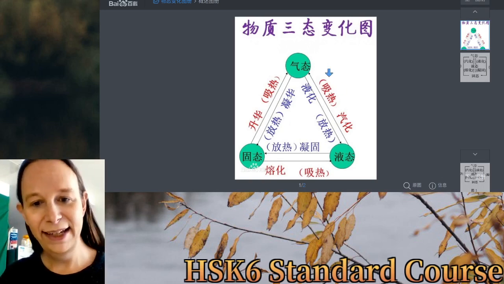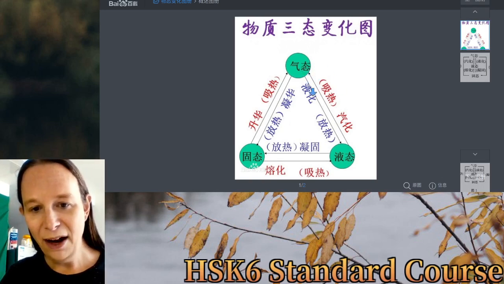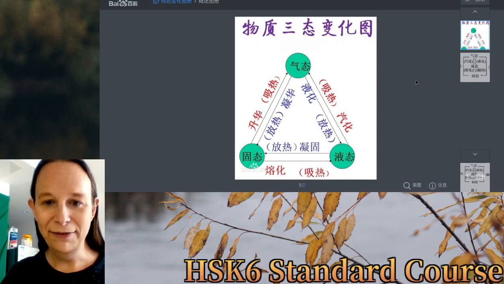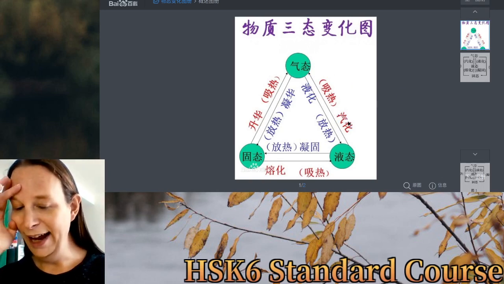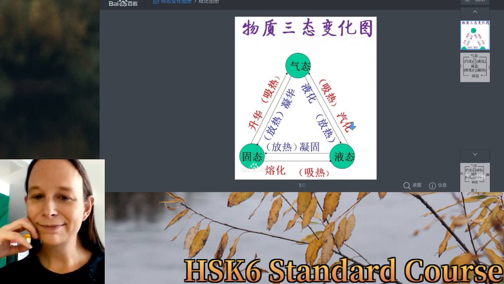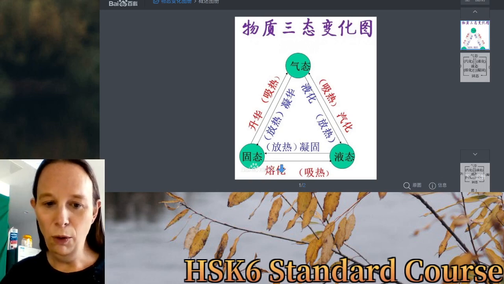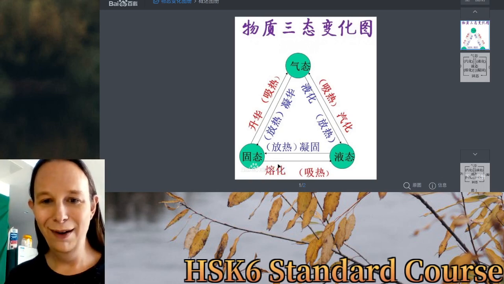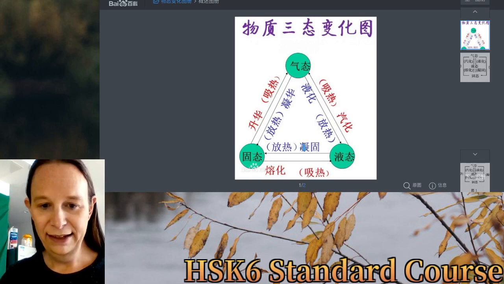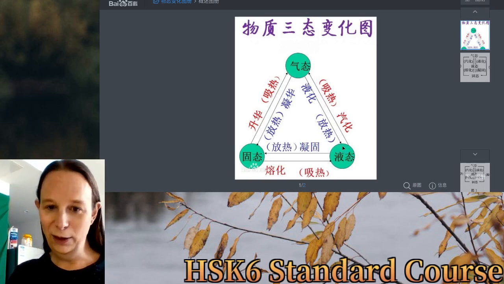It emits heat. 液化 would be liquefy. 气化 would be gasify, boil. 液化, they make sense. 融化 is like thaw. 凝固, so it is 凝固. From liquid to solid is 凝固.